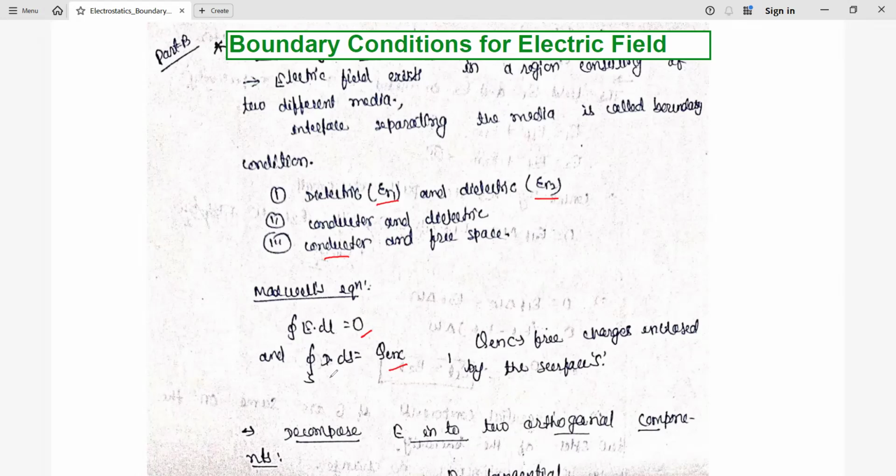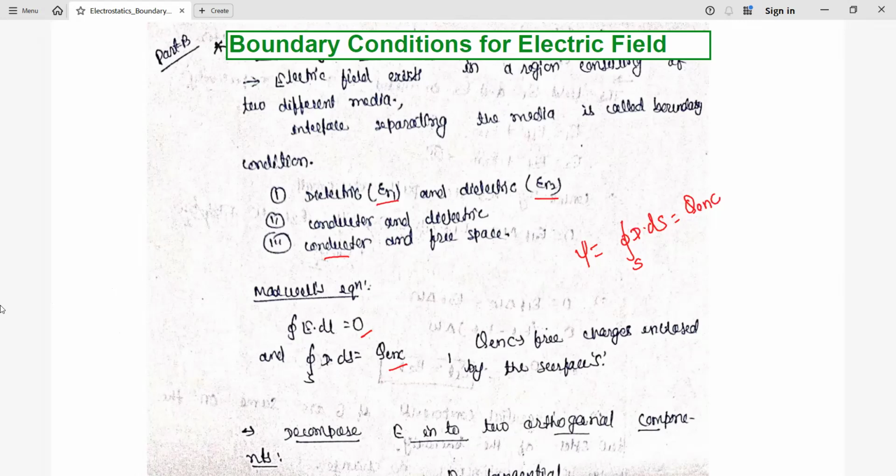So this D is the flux density in case of electrostatics. Finally, total flux, that is D dot dS surface integral over the closed surface, is equal to the total charge enclosed.